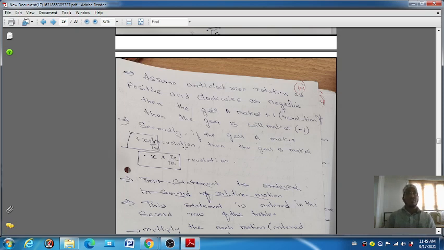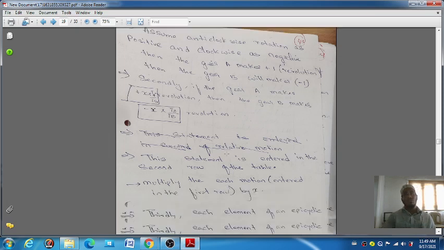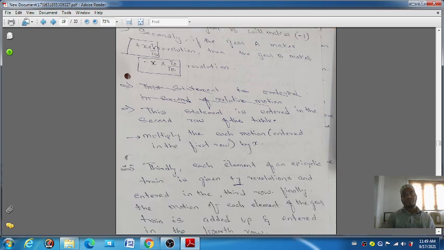For the first we take plus 1 and minus 1; for the second we take x, where x is any number of revolutions. So for gear A it is plus x, and for gear B it is minus x into TA by TB. That is the revolution.